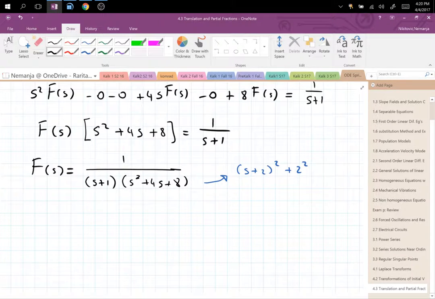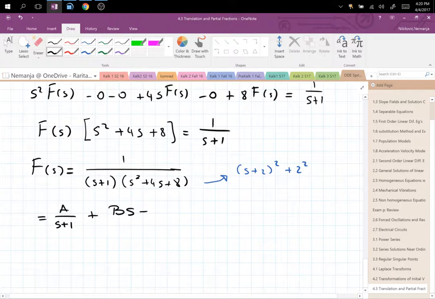What do I get? I have A over s plus 1 plus Bs plus C over s squared plus 4s plus 8. That's the setup.